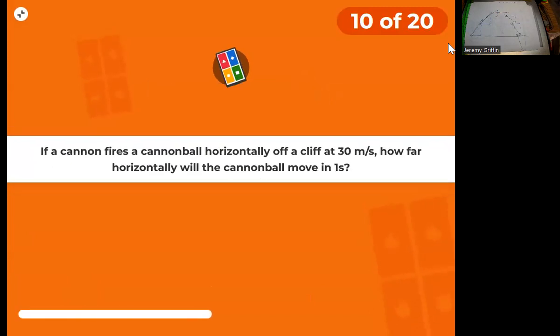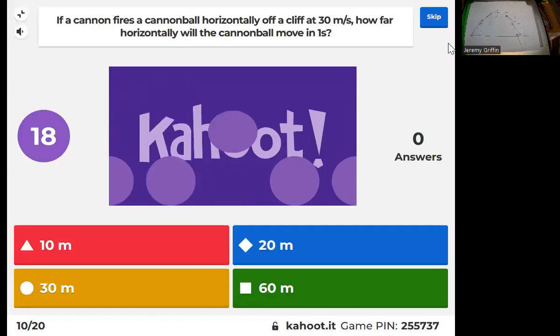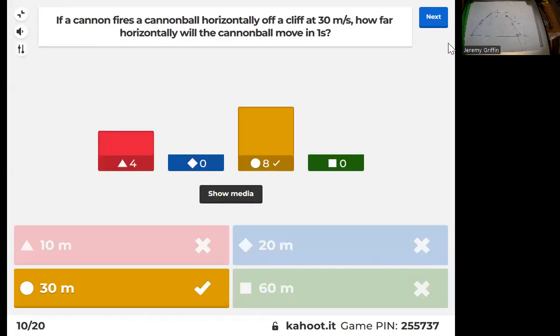If a cannon fires a cannonball horizontally off a cliff at 30 meters per second, how far horizontally will the cannonball move in 1 second? Yeah, 30 meters.